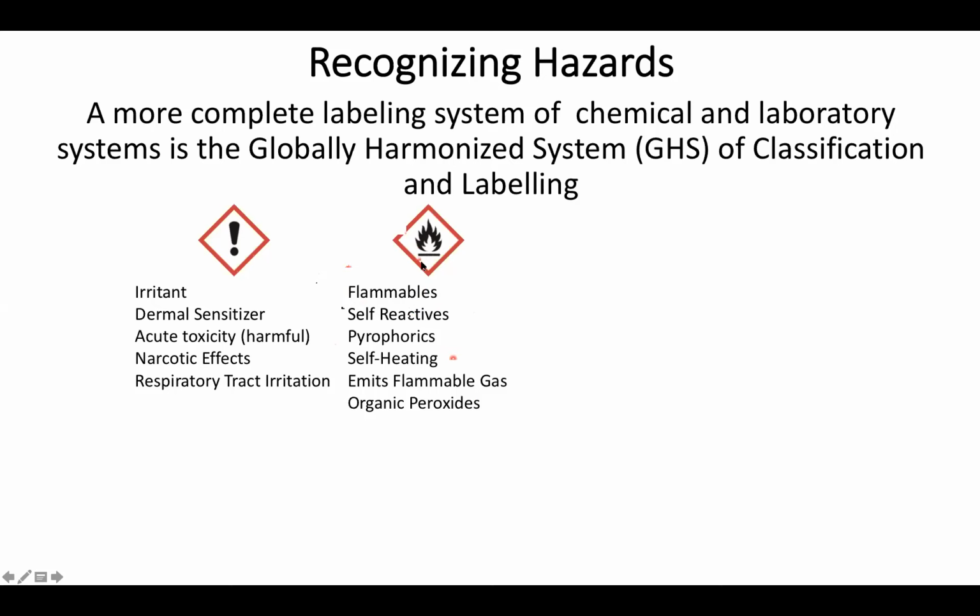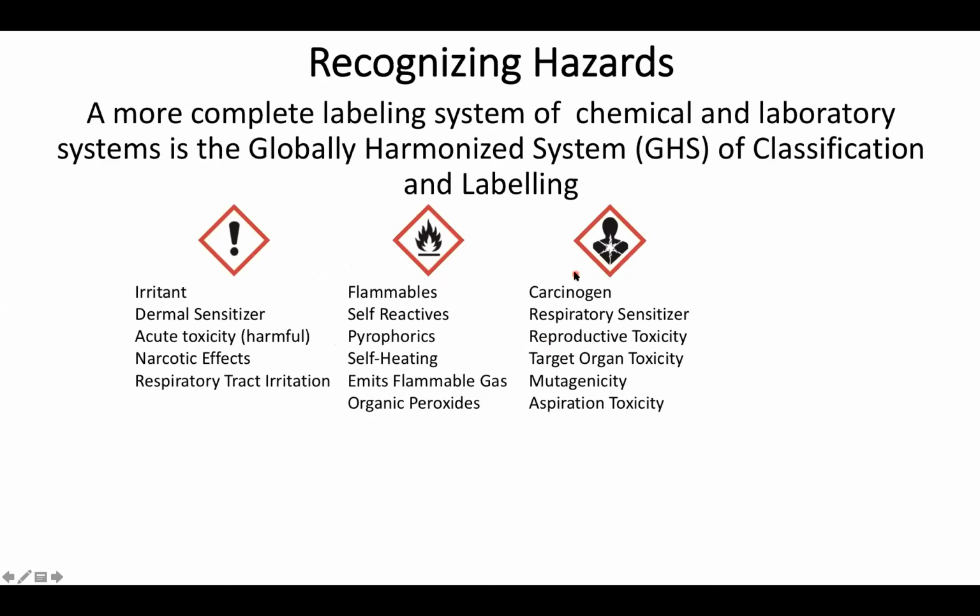So again, it gives you a general idea of the danger, but there's always accompanying words that give you the details. Then for more chronic toxicities, we see the health warning, which tends to include things that have longer term effects, such as carcinogens and respiratory sensitizers. So these are ones that make you more vulnerable to long-term issues.